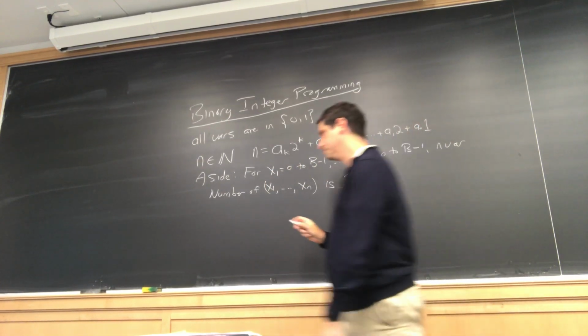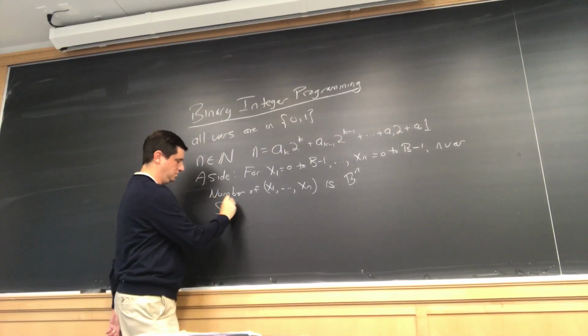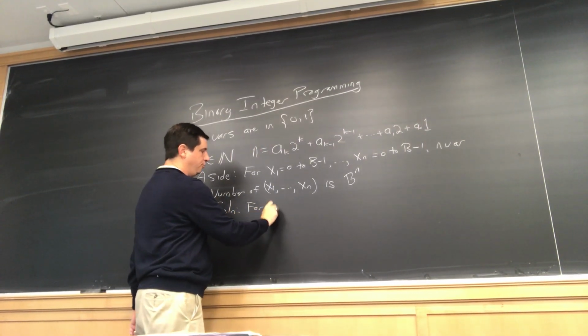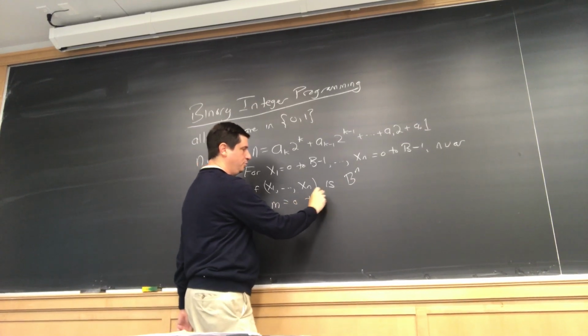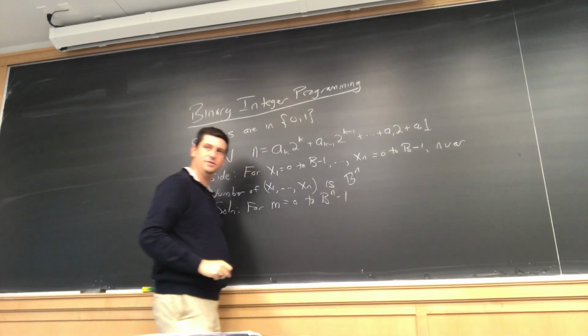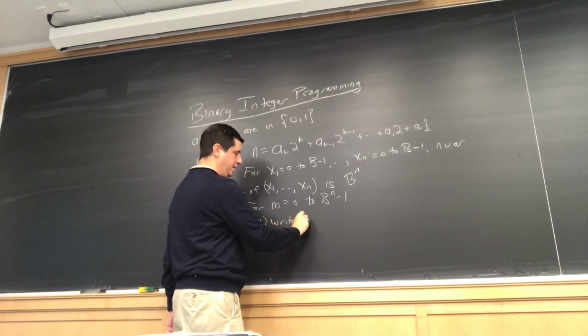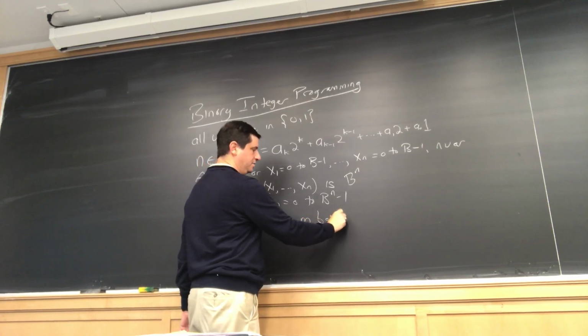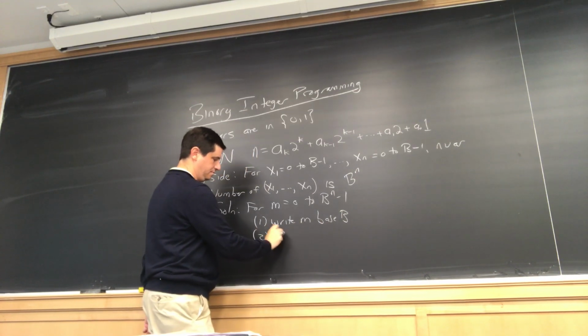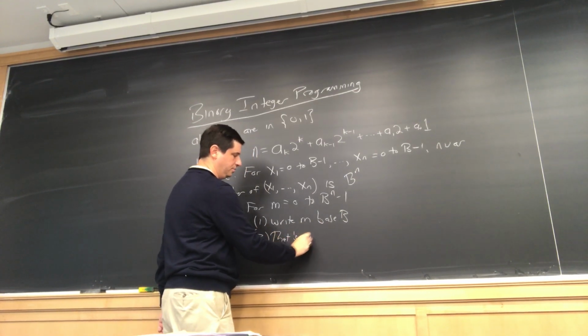Okay? So here's the solution. For m equals 0 to b to the n minus 1, write m in base b, and that's your tuple.